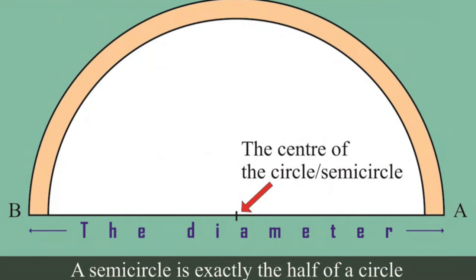Now let us take an example of a semicircle. Suppose this is the semicircular path. A man walks along the circumference of this semicircular path.